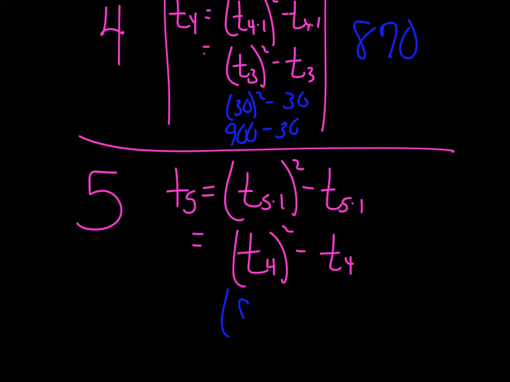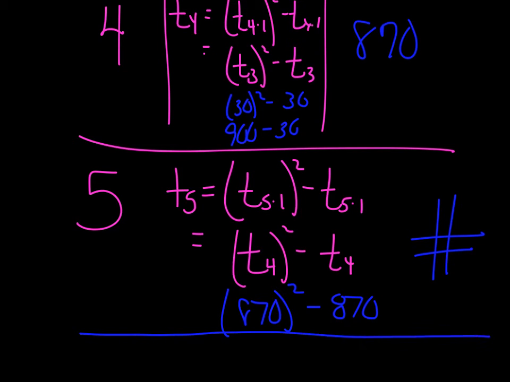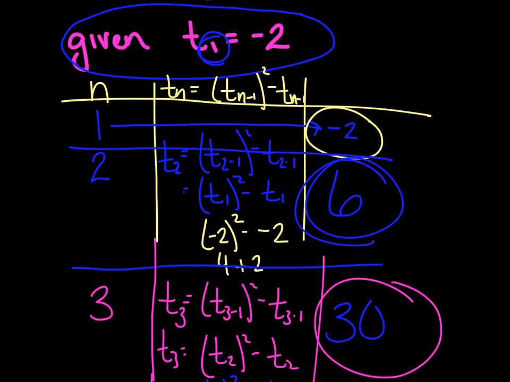But anyways, I'm taking t sub 4, which is 870. I have to square that and subtract 870. And I'm going to let you grab your calculator and get that number. I don't have mine handy. But that would get me my fifth term. So again, all a recursive sequence is, is you're using the previous term to get the other one. And really, the more steps you show here, the easier it is to get that answer.